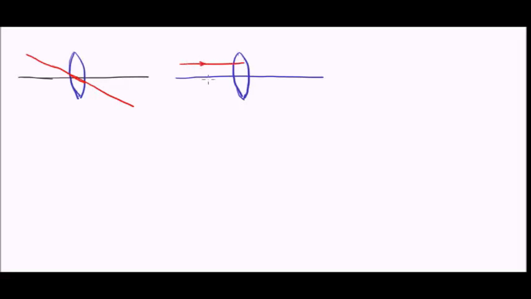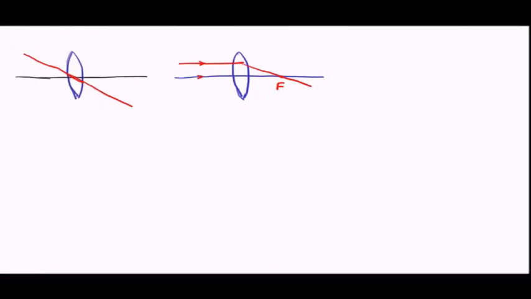This is parallel to this. If the ray of light is arriving parallel to the principal axis, then after refraction, the ray of light will pass through the focus. This is the focal point. So a ray of light coming parallel passes through the focal point.